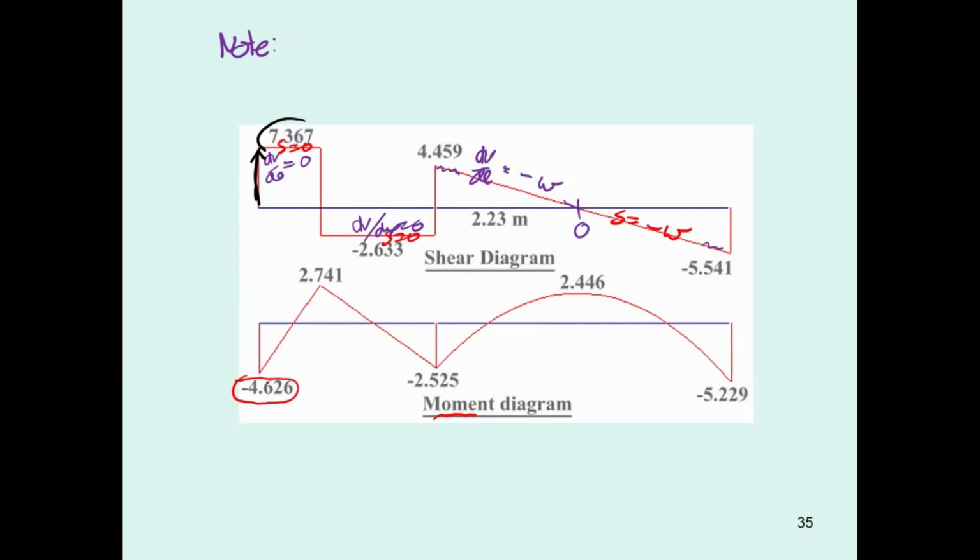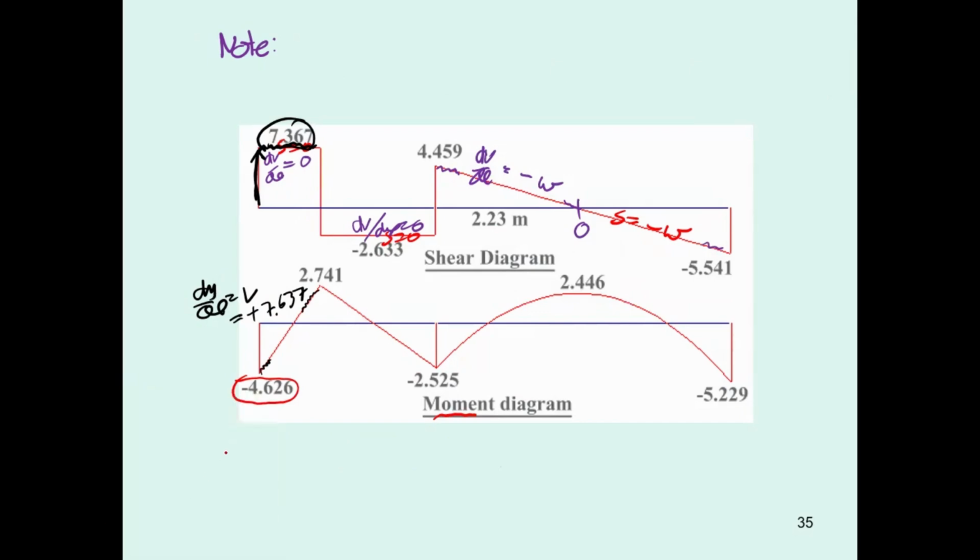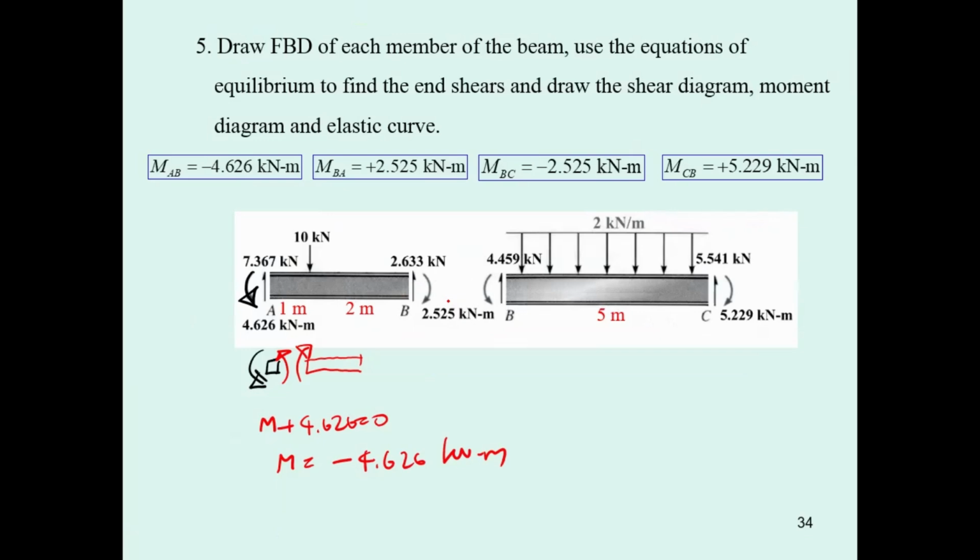And then you have 7.376. The slope over here, dM by dx equal to V. V is constant, so it's going to be plus 7.637. Identify it, please. Okay. And then I should say something. If you recall back, this is 2.525.